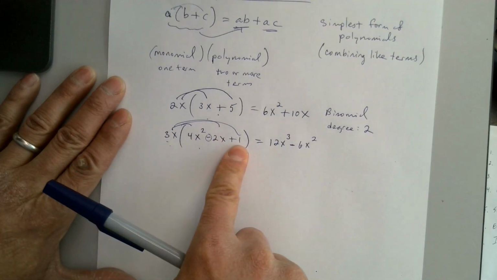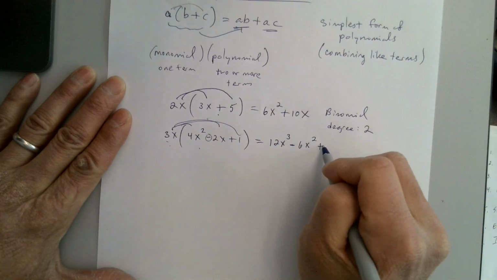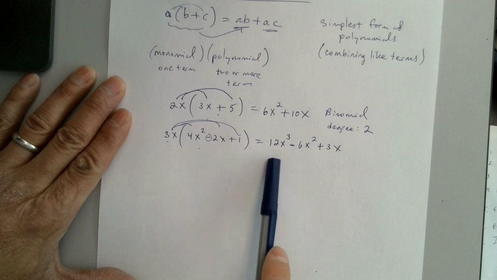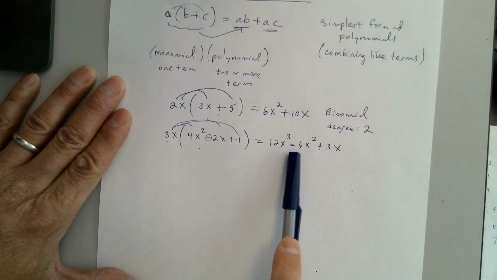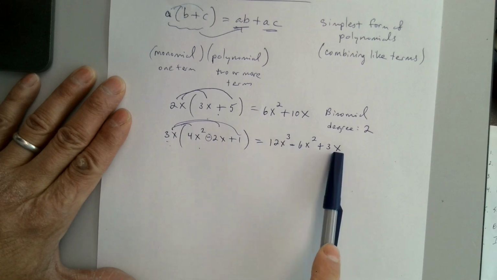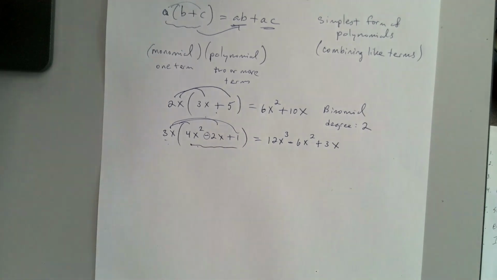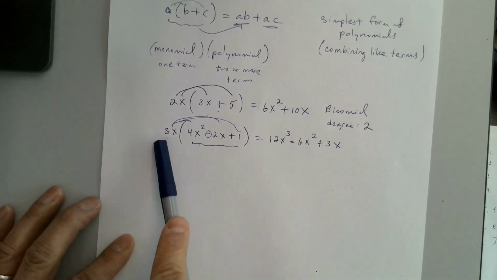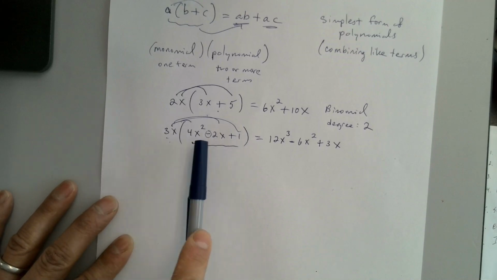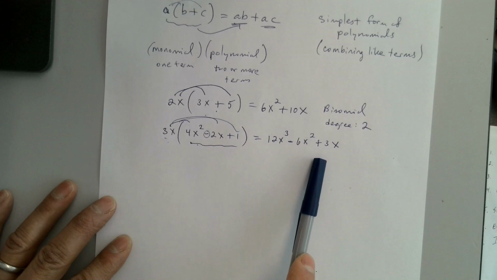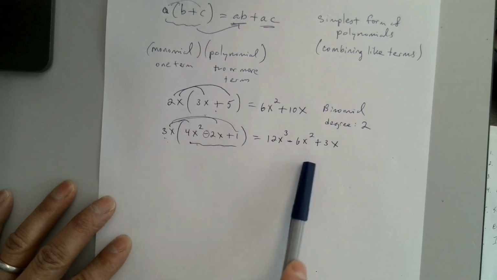And then 3x times 1 is 3x. So again, I end up with a polynomial of the same number of terms as the one in the parentheses. And that's because if I multiply by a monomial, that's not going to increase the number of terms in my product. The number of terms in this polynomial will remain the same.